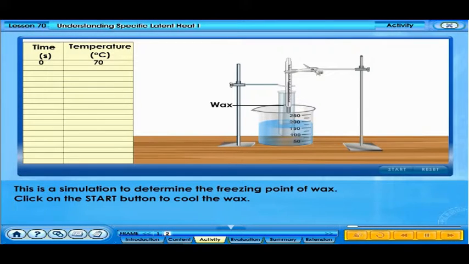This is a simulation to determine the freezing point of wax. Click on the Start button to cool the wax.